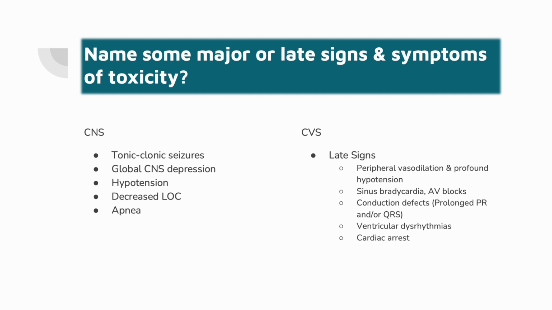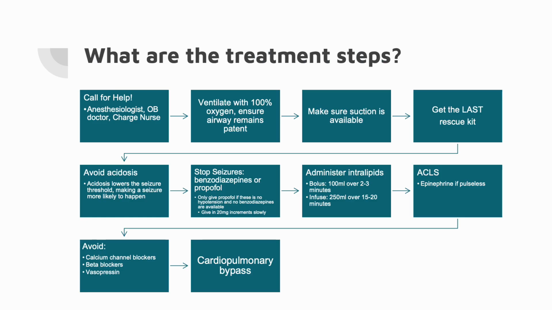These things, like the prolonged PR or QRS, or ventricular dysrhythmias, we're not going to see because we're not doing cardiac monitoring unless you're in the PACU, because these things still can show up in PACU. So you just want to make sure that you're looking at that and realizing if things have changed.